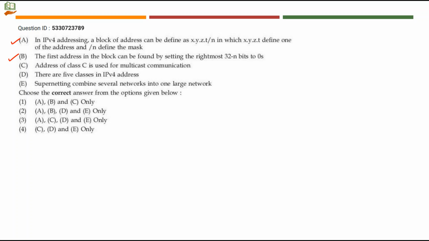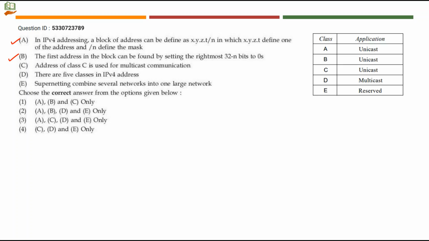Address of class C is used for multicast communication. Here I have listed the classes and their application. If you take A, B and C, all are unicast. Multicast is for class D addresses and class E is for reserved purpose. So option C is actually wrong.